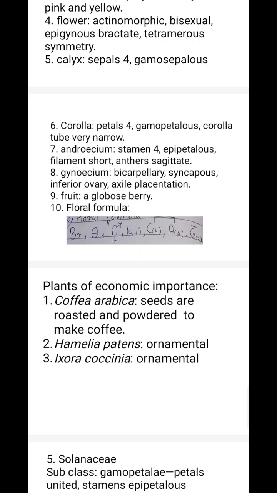For example, Coffea arabica. The Coffea arabica seeds are roasted and powdered to make coffee. Then for ornamental purposes, Hamelia patens and Ixora coccinea are the plants which are used. So this is all about the Rubiaceae family.